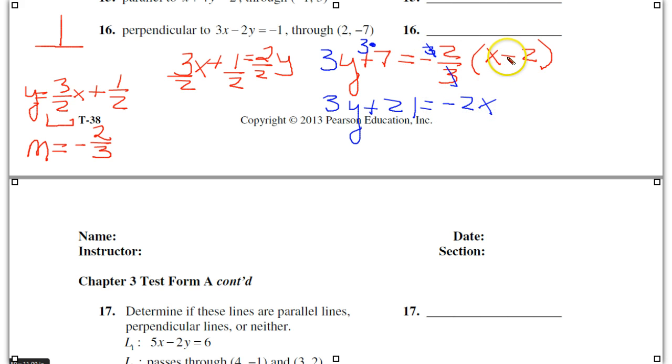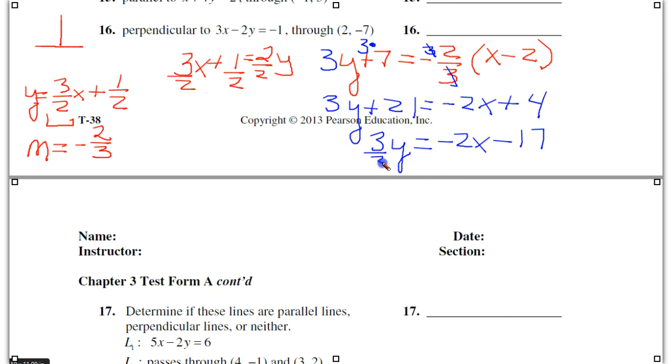A negative 2 times a negative 2 gives me a positive 4. Now I bring my 21 over and I get 3y. This is a negative on this side. Equals a negative 2x minus, remember this on this side's a negative 21, so this is a negative 17.